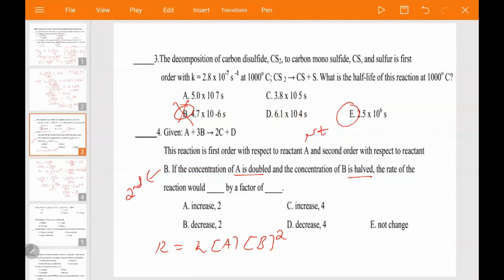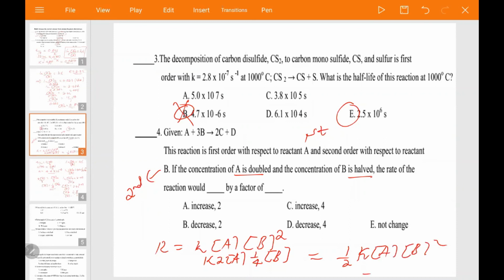Now what is the new change? When A is doubled, it is twice A. B is halved, and since it is second order, what does it become? It becomes 1 over 4 of B. So the new expression will be half of the original rate k A B squared.